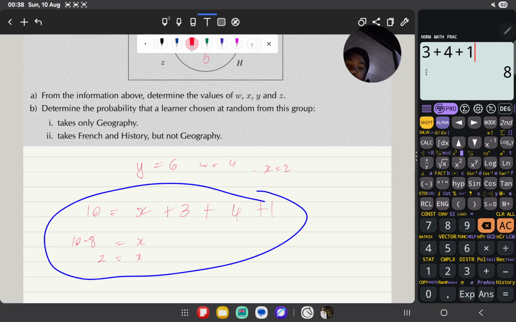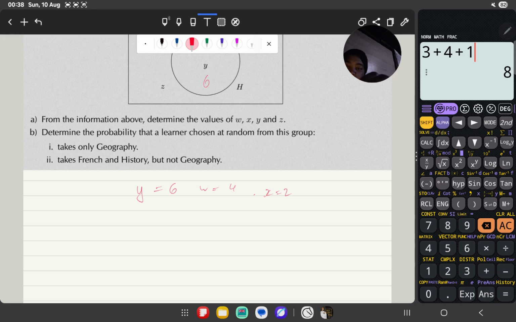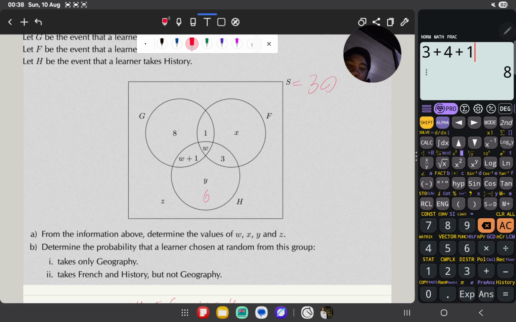And let's see what's next. So we found w, y, x, it's z. Now remember, z represents the number of people who are taking not geography, not French, not history.